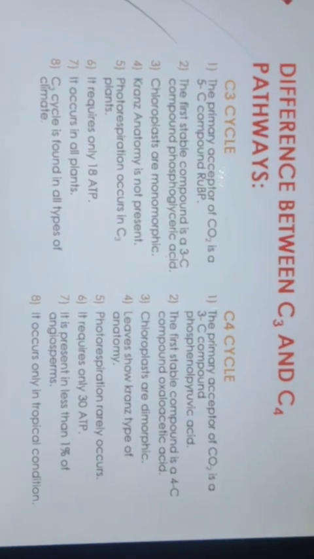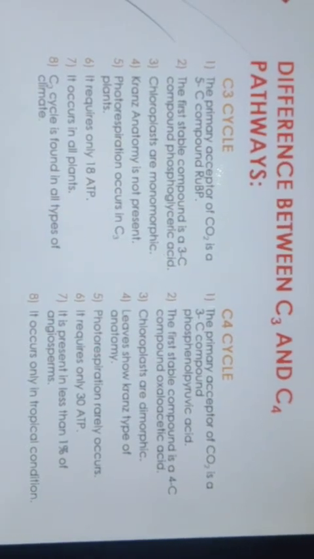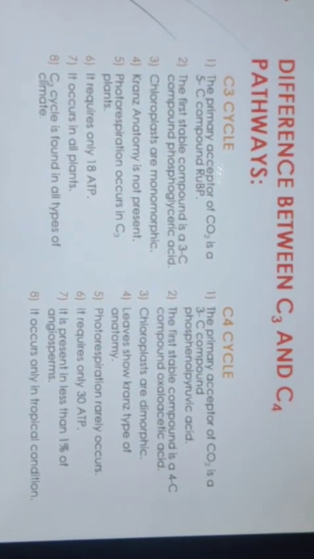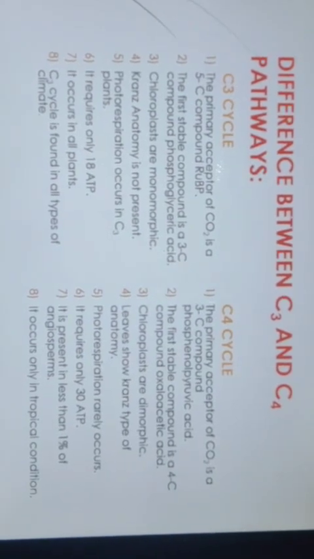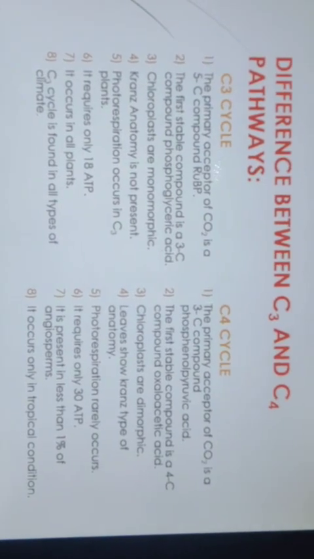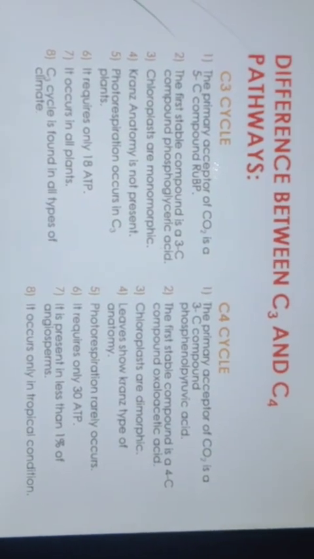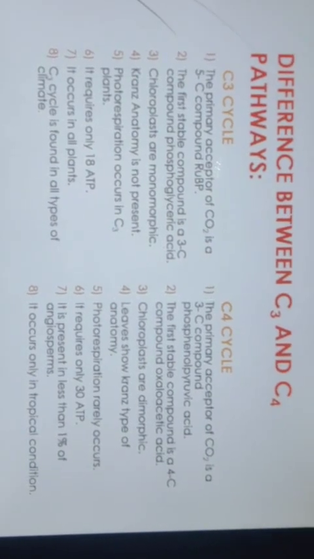Now for the C3 cycle, 18 ATP molecules are required, whereas the C4 cycle requires 30 ATP. The C3 cycle occurs in all types of plants, whereas the C4 cycle is present in less than 1% of the angiosperms.